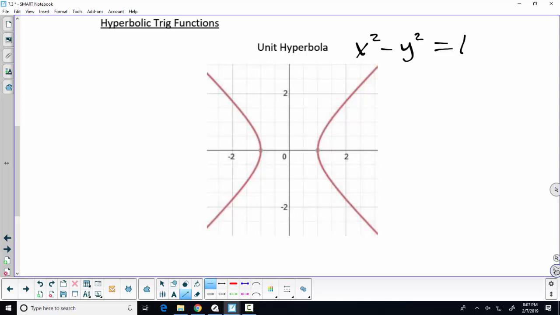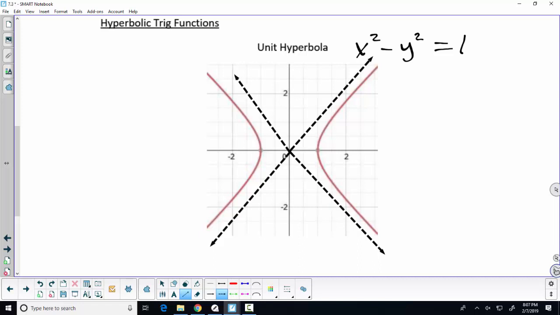remember, the hyperbola actually has asymptotes that are built in. Anybody remember the equation for the asymptotes?